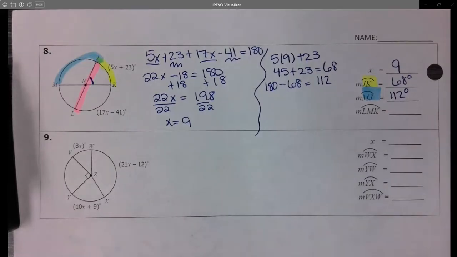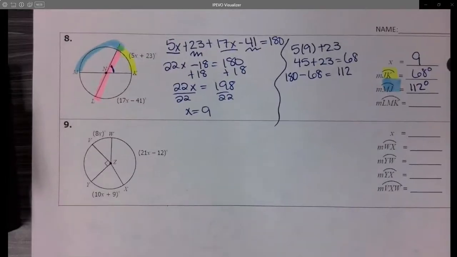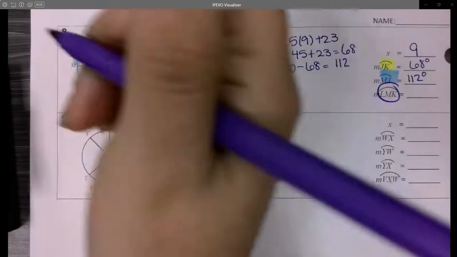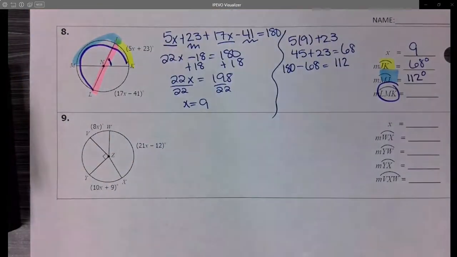The final angle it wants me to find is LMK, or arc LMK. So, how can I find this? Two ways I can do this one.